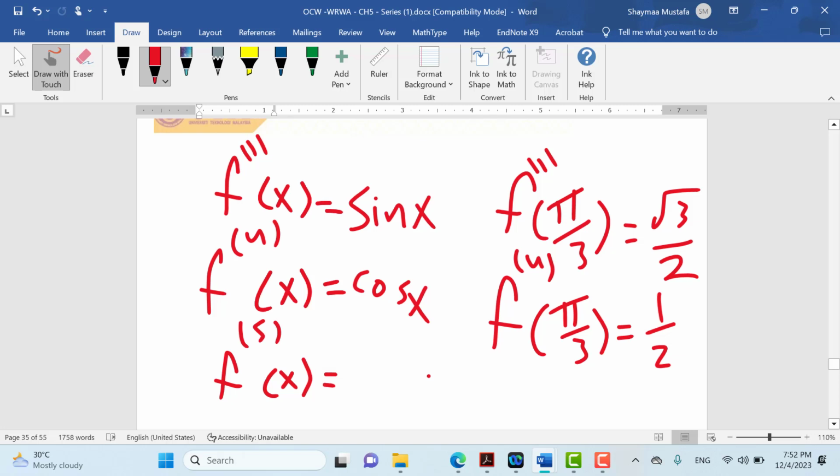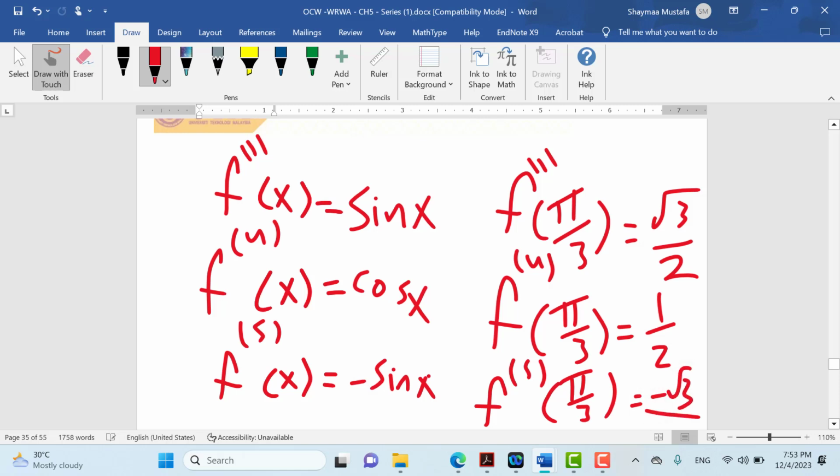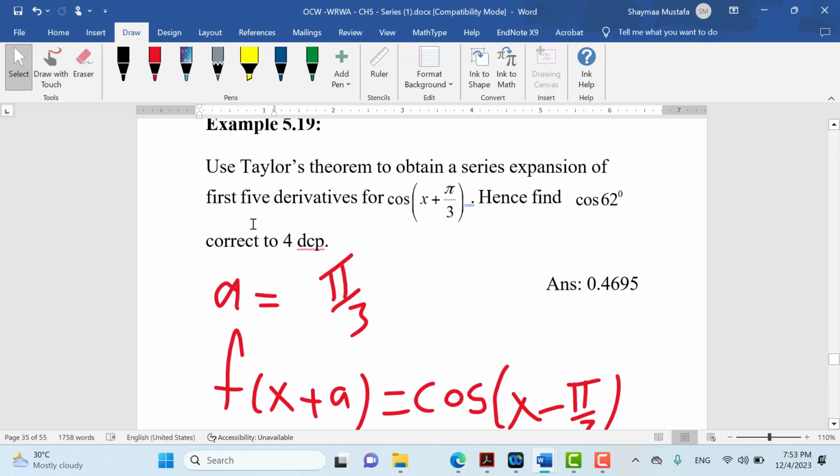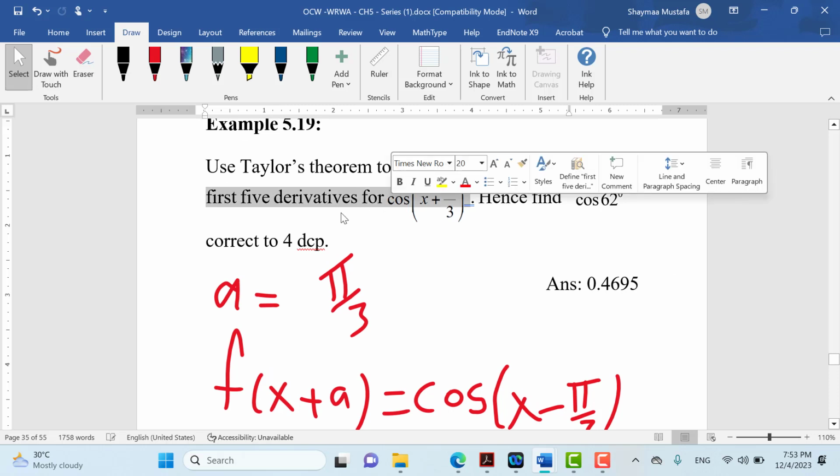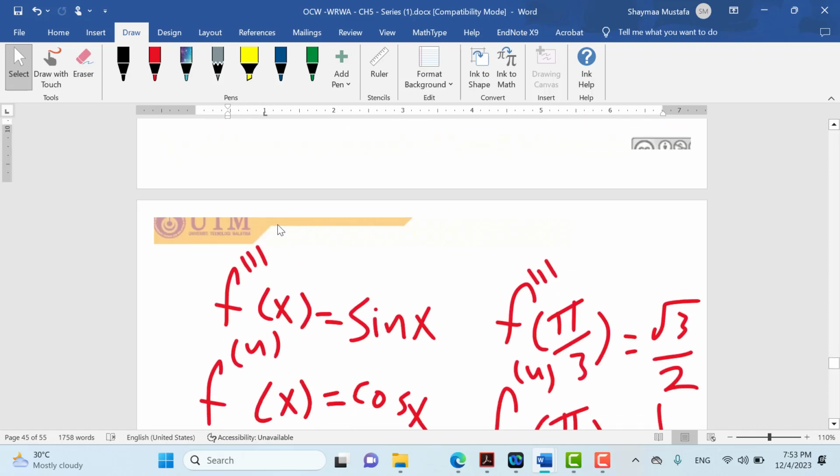So the derivative of cos x is minus sine x, which means that the fifth derivative at pi over 3 is equal to minus square root of 3 over 2. Here we will stop at the fifth derivative because we need to use the first 5 derivatives for cos of x plus pi over 3. Now we need to use the formula.